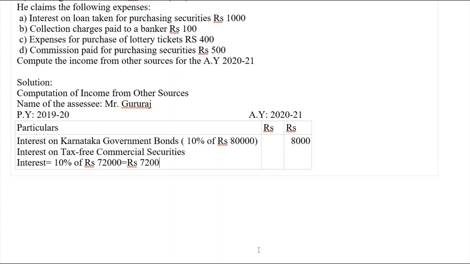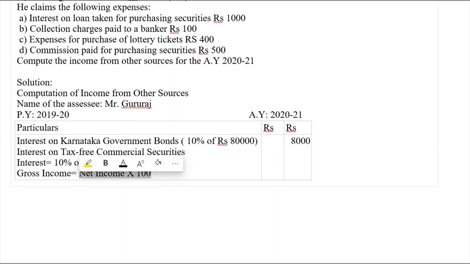Therefore, gross income equals net income multiplied by 100 divided by 100 minus the rate of TDS.